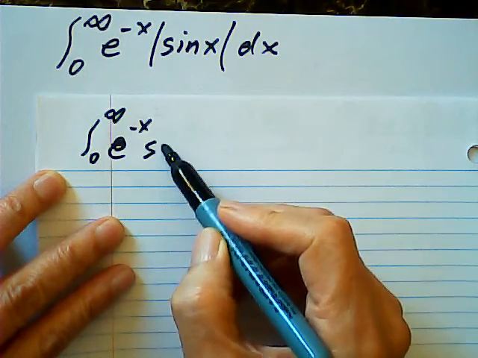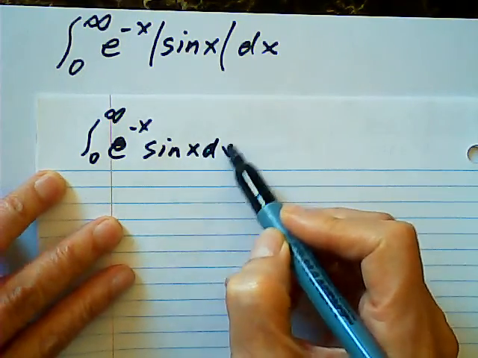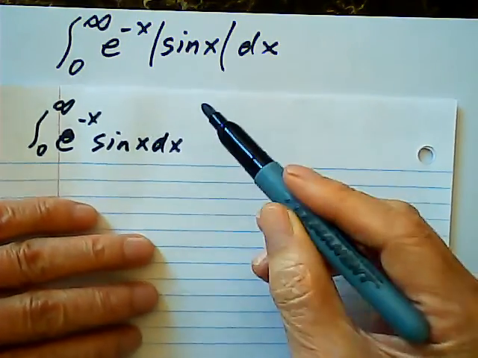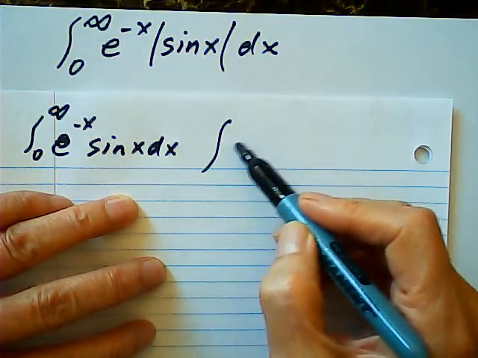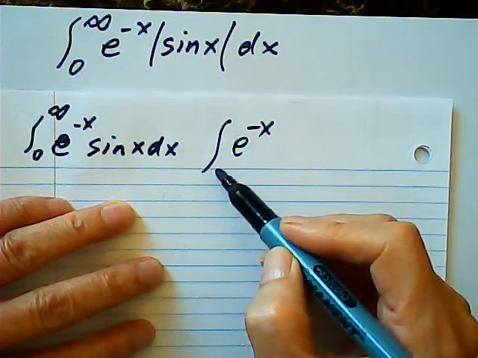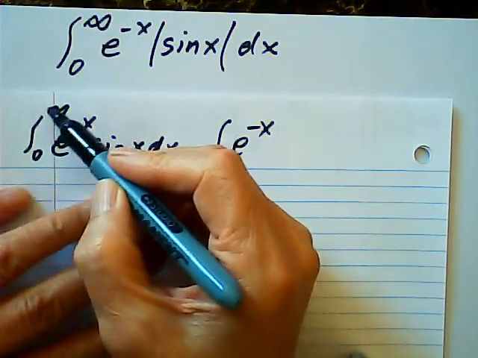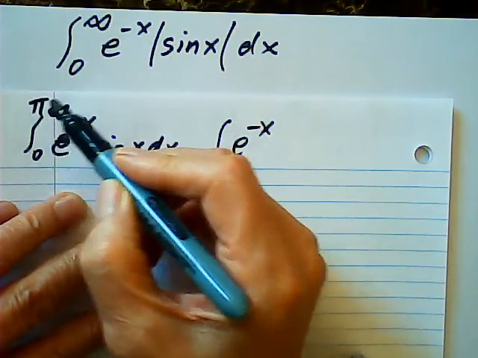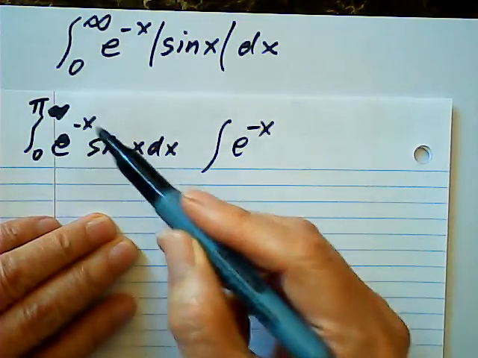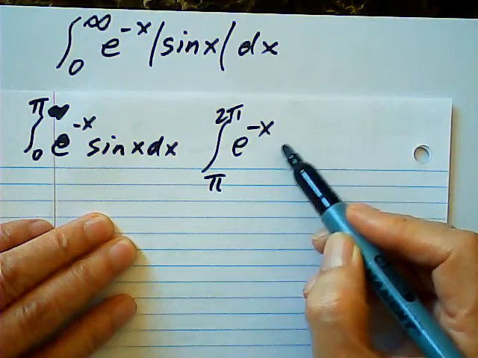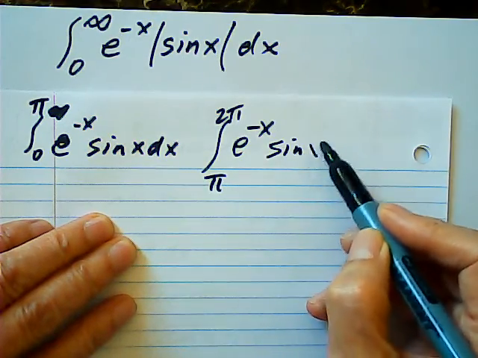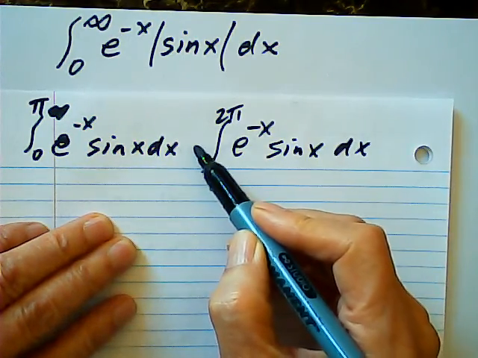From 0 to this one, sine is positive, right? From 0 to pi is positive. From pi to 2 pi, sine will be negative, right? So negative.